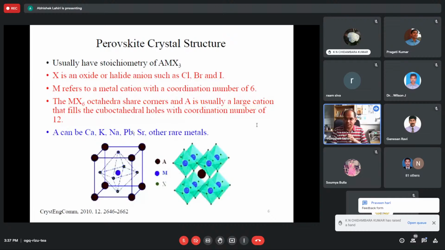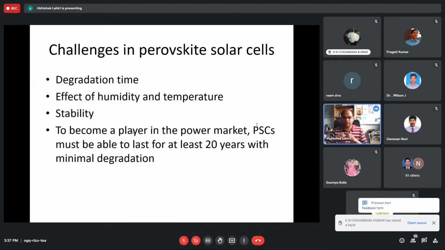Therefore, the present challenges in perovskite solar cells are the degradation time, the effect of humidity and temperature, and stability, for perovskite to become a player in the power market. If it has to compete with silicon-based solar cells as well as dye-sensitized solar cells, it needs to have a stability or lifespan of about 20 years with minimum degradation.